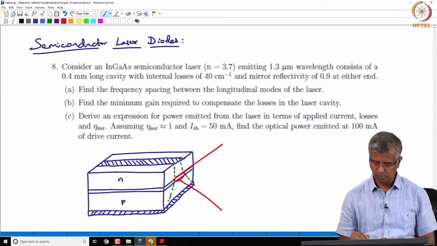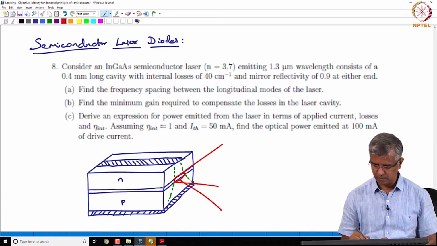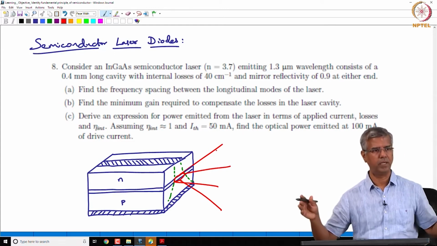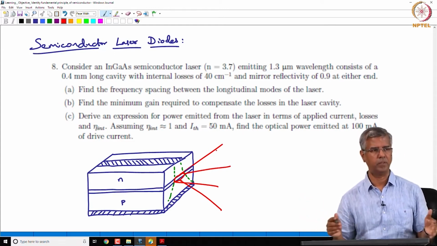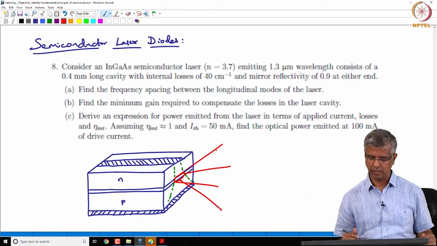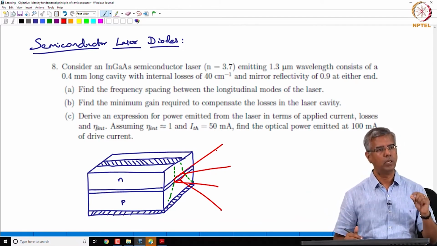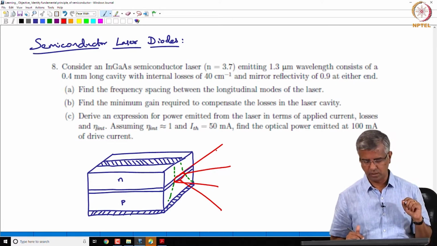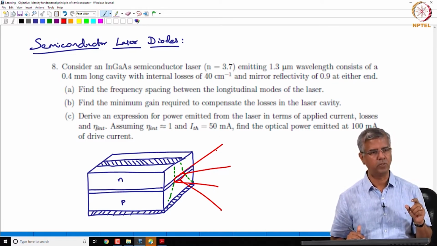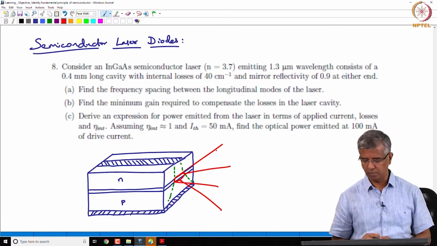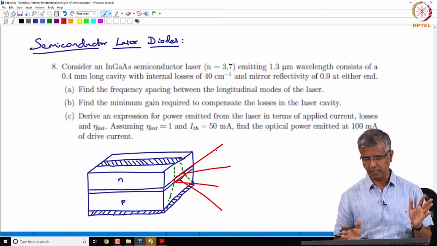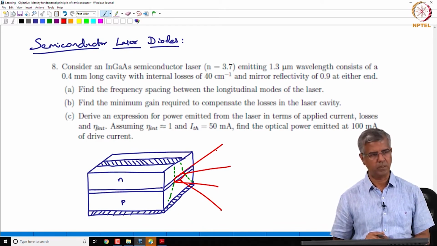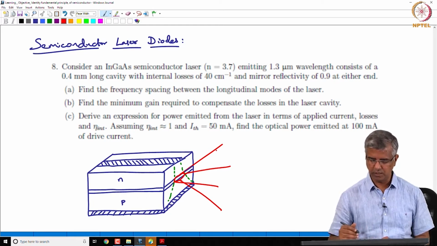Whereas if you consider the light coming from the horizontal direction, that does not diverge as much, because it is coming from a larger aperture. The larger the aperture, the less the divergence. If the aperture goes down to a dimension comparable to the wavelength, diffraction effects come into the picture, so you will have much more divergence from that region.